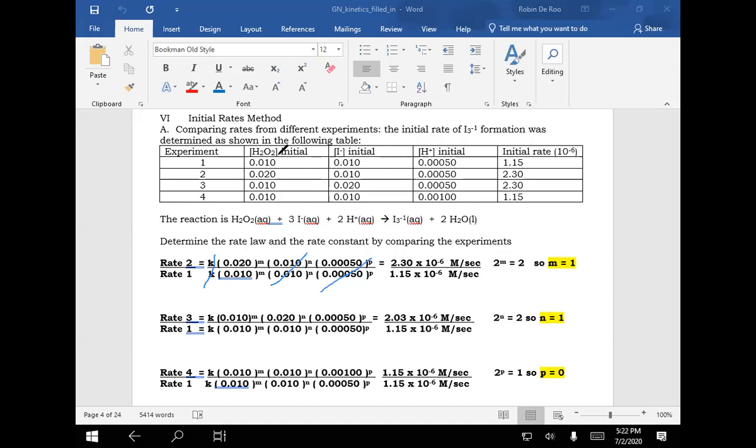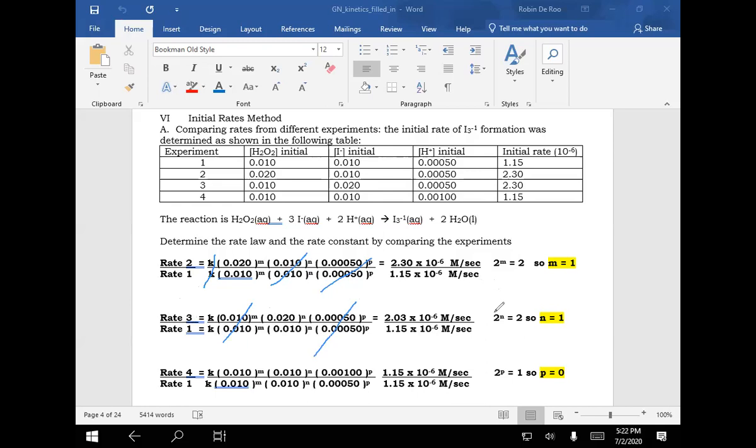So it's the same idea for the next calculation. I chose on purpose rate 3 over rate 1 because I saw that my peroxides were going to cancel out. My hydrogen ions are going to cancel out. That gave me the iodides.